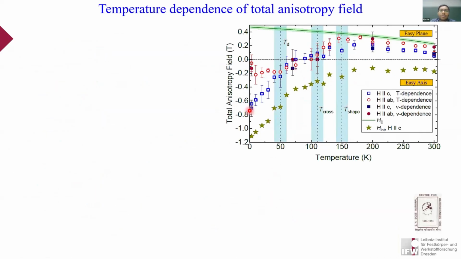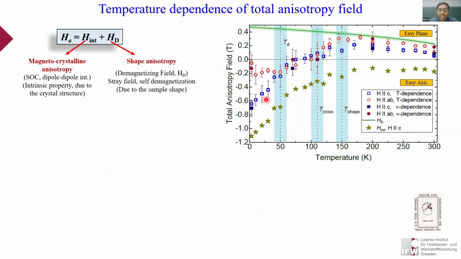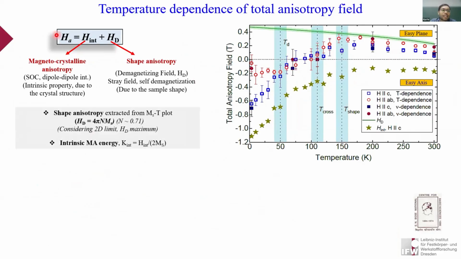And after that, we have investigated our results and plotted the total anisotropy field with respect to the temperature. And we know the total anisotropy field is the sum of the magnetocrystalline anisotropy plus shape anisotropy. So the shape anisotropy we have calculated from the magnetization data is plotted with this blue data point, a green line.